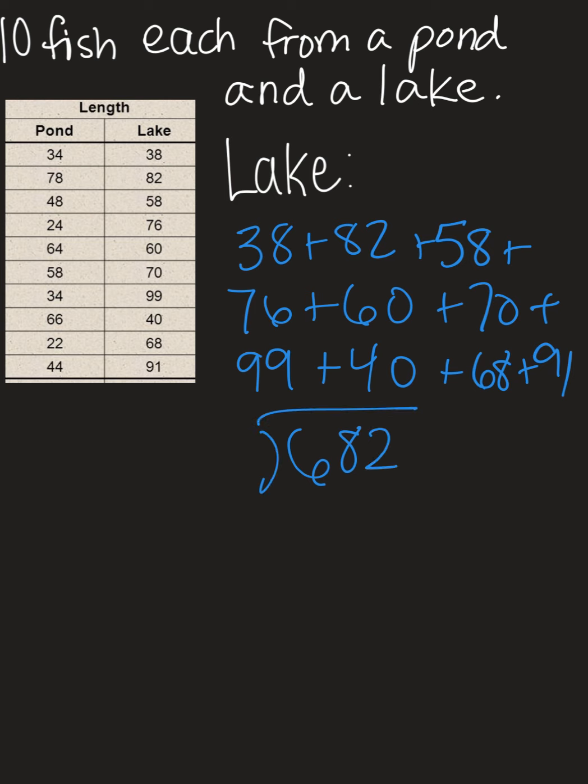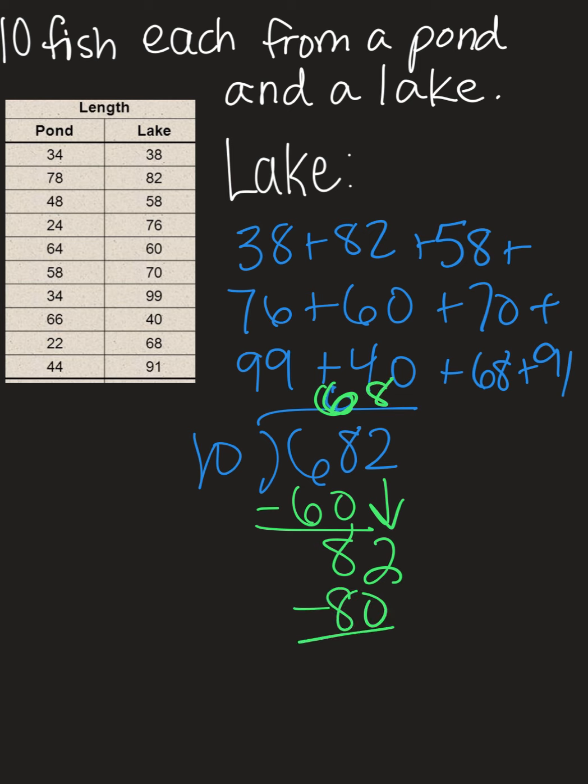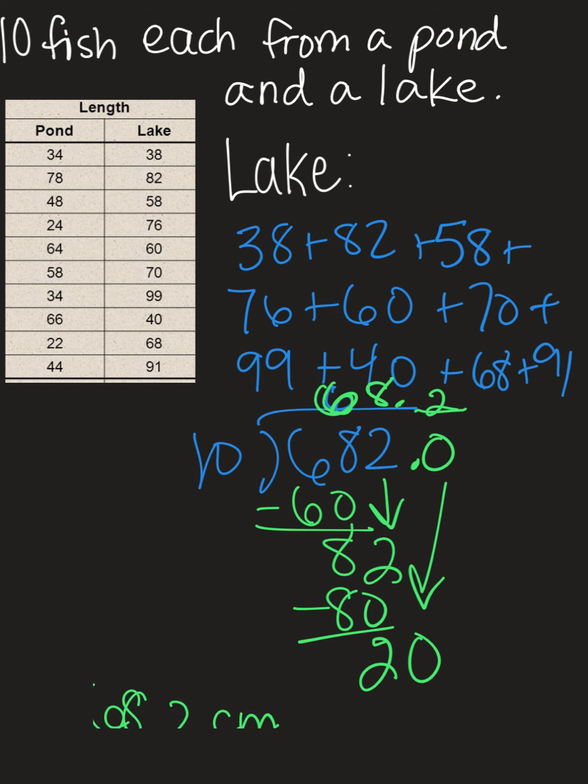And again, I'm going to divide this by 10 because there were 10 fish. 10 goes into 68 exactly 6 times. Let's change the color on this so it's a little bit easier to see. 6 times 10 is 60, I have an 8. I'm going to drop down that 2. 10 goes into 82 exactly 8 times. And then I'm going to place that placeholder 0 underneath and drop it down. And 10 goes into 20 twice, so we have 68 and 2 tenths, 68.2 centimeters.